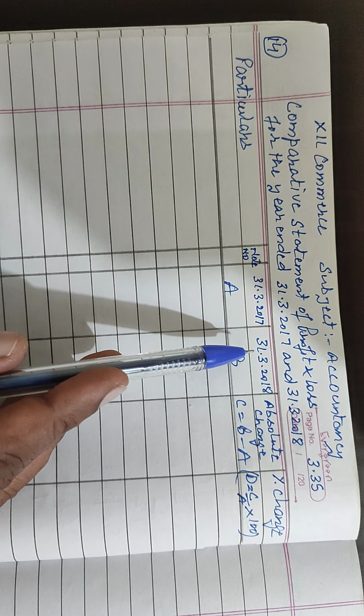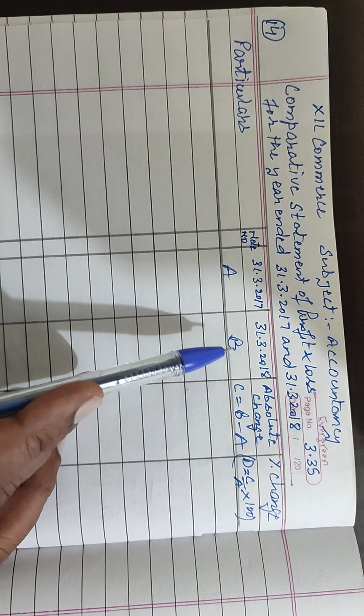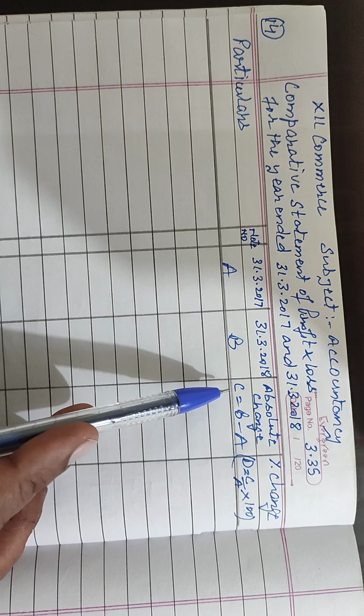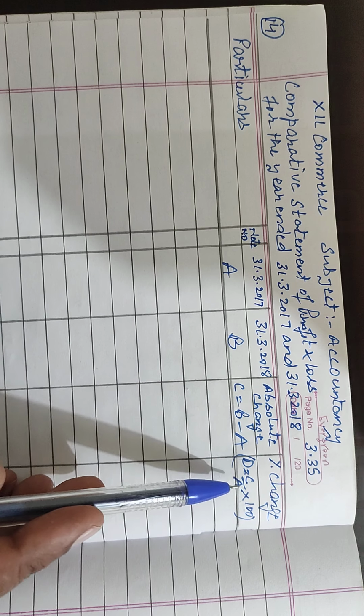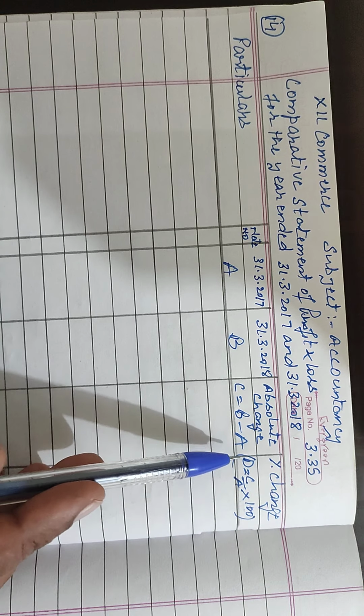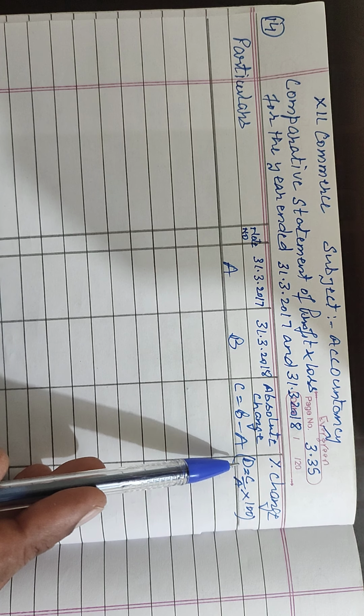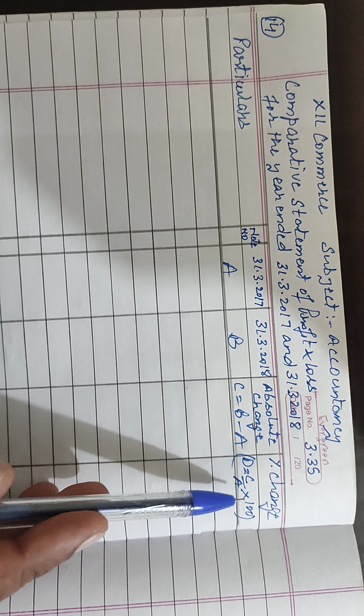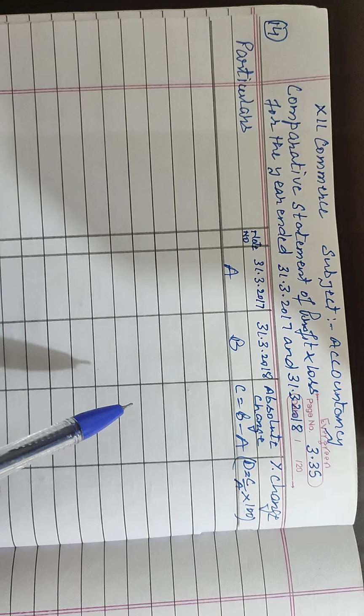The previous year amount we have assigned as A, the current year as B. Absolute change is found by subtracting the previous year amount from the current year amount; that is C. Then the percentage change is termed D. It is calculated as absolute change over previous year figure multiplied by 100, that is C over A. So let's start the question.